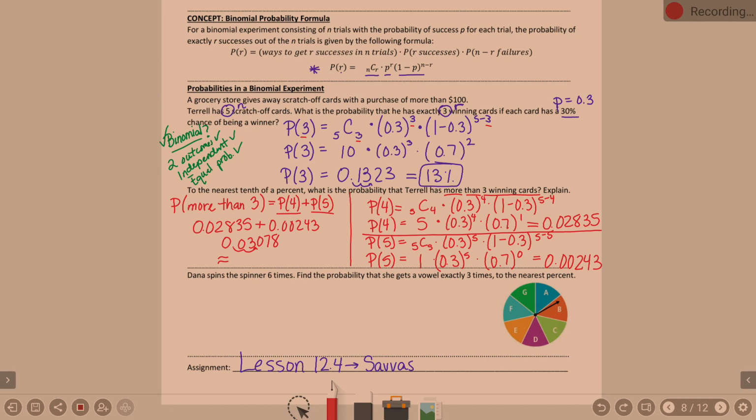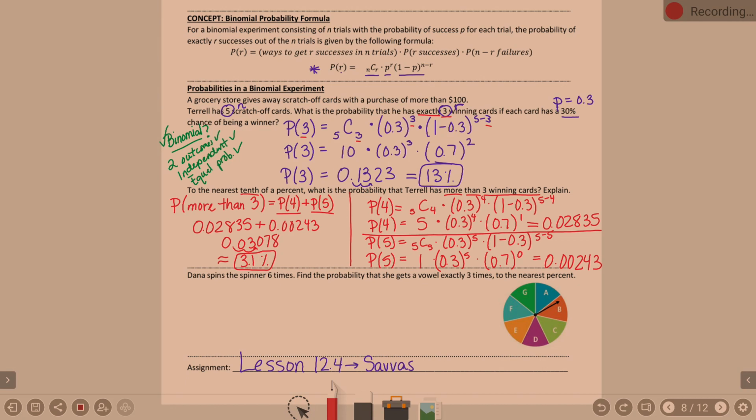It did say nearest tenth, so that is 3.1%. Okay, so much easier when they ask for something exactly. We just wanted exactly 3 winning cards before, so it's probability of 3. On the second part, when they want more than 3, we have to look at the pieces.